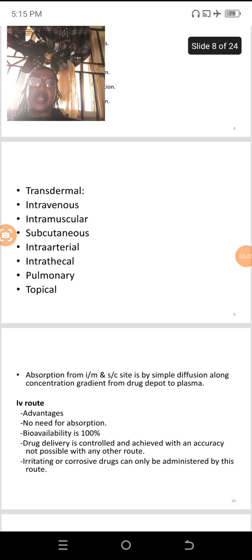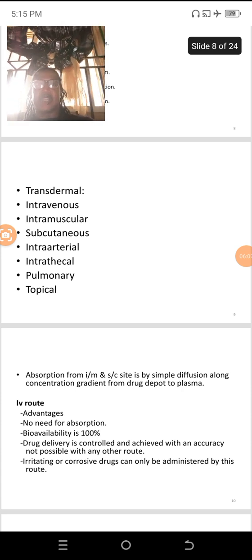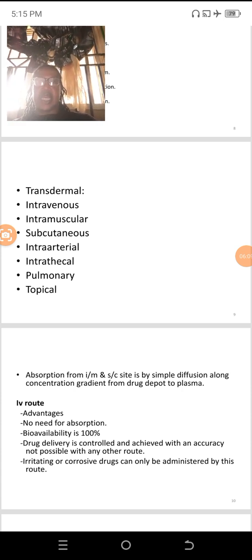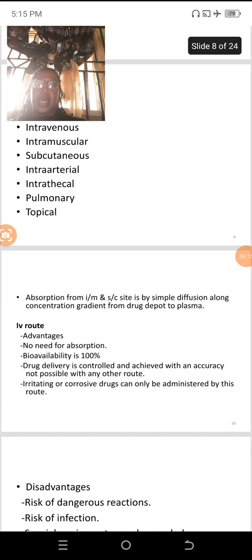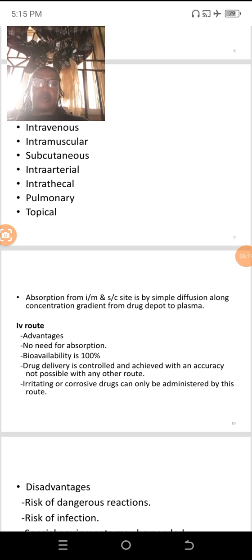For the parenteral routes, you have the transdermal, the intravenous, intramuscular, subcutaneous, intraarterial, intrathecal, pulmonary, and topical. Absorption from the intramuscular and subcutaneous site is by simple diffusion along the concentration gradient from drug depot to plasma.